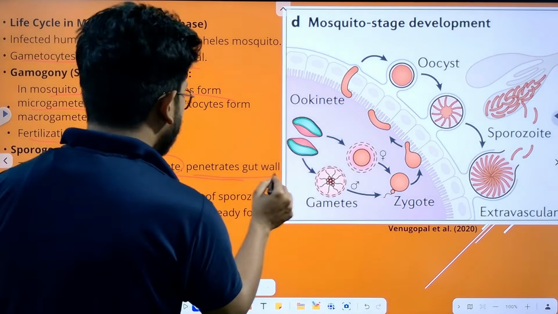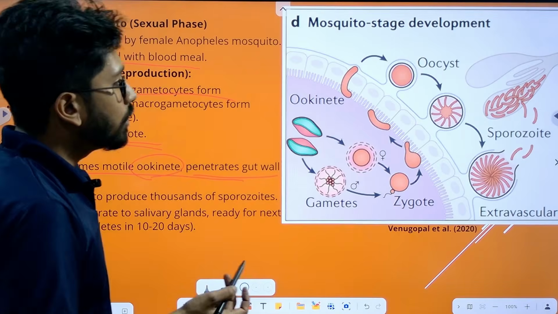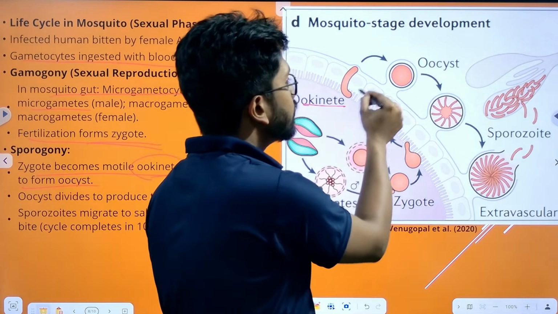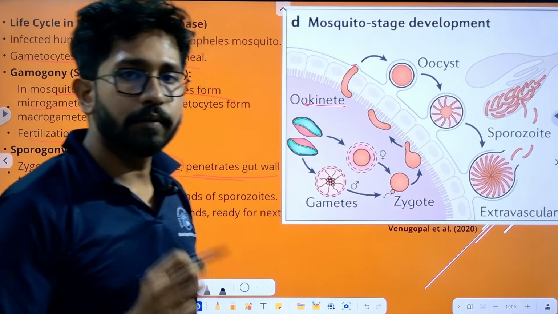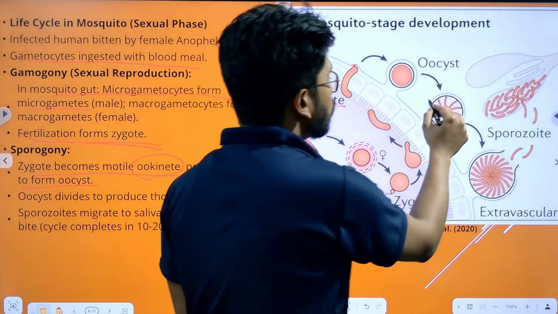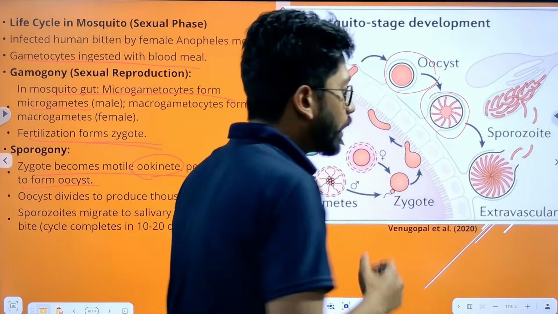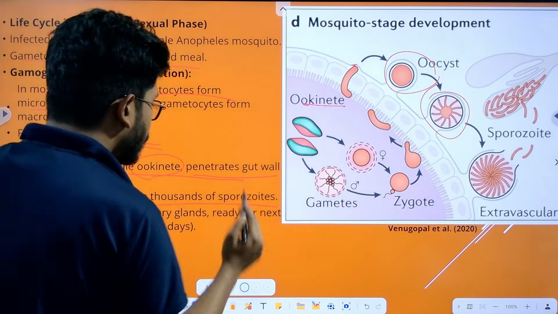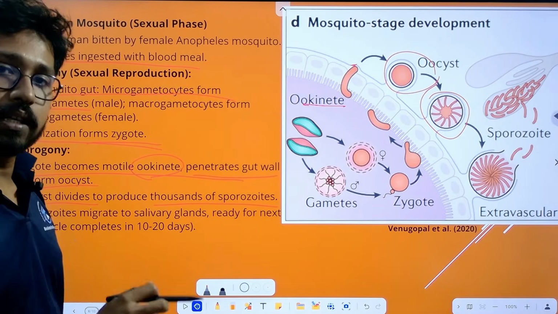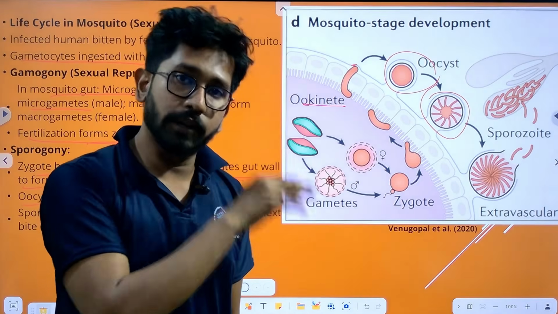This ookinete penetrates the gut wall. Okay, see, this is called the ookinete. They will get out, and when going out, they will take a little bit of membrane from the gut and form oocysts. These oocysts will then further develop into thousands of sporozoites. These sporozoites are the ones that infected humans previously, right?